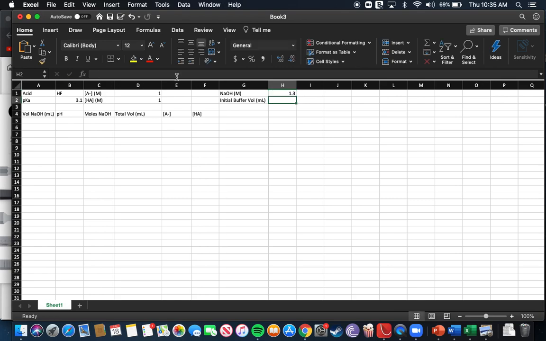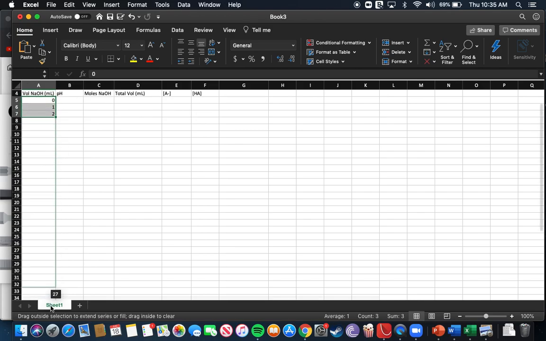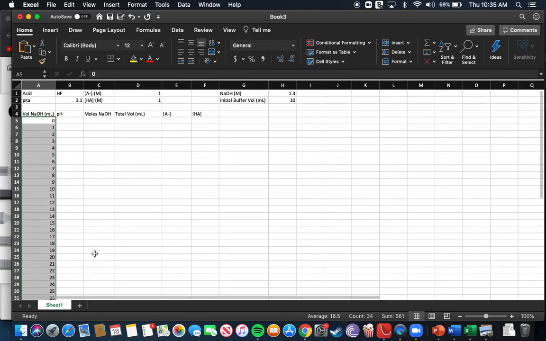The initial buffer volume is 10 milliliters. So the first thing you're going to want to do is start with a list of amounts of titrant added. Usually I do this just by doing 0, 1, 2, and then dragging down all the way to the point that you want to stop. For our case, the titration is going to basically be over at 33 milliliters.